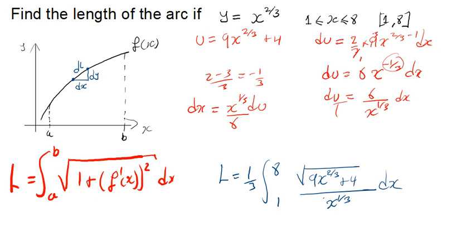Alright, so here I can say this dx can go. I'm just going to substitute here. That will be multiplied by dx, which is x to the power 1/3 du divided by 6.